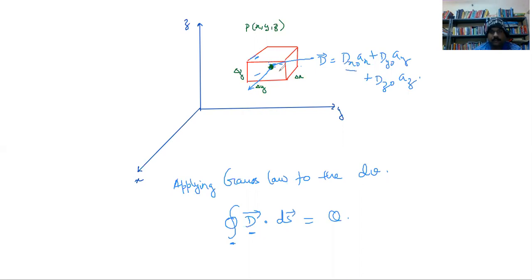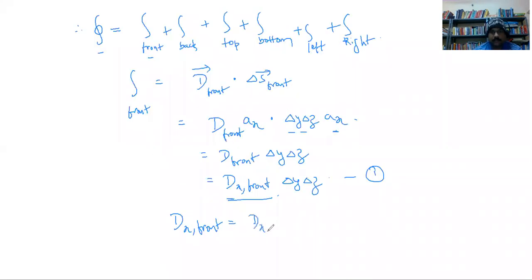Dx naught with respect to the x-axis. Hence, this becomes Dx naught plus delta x by 2 into rate of change of Dx with respect to x.